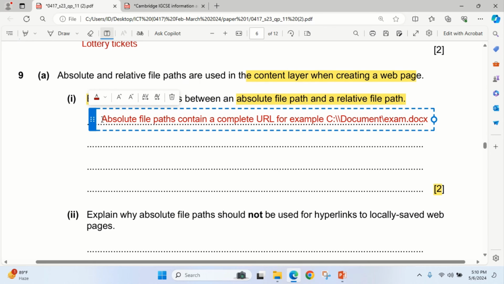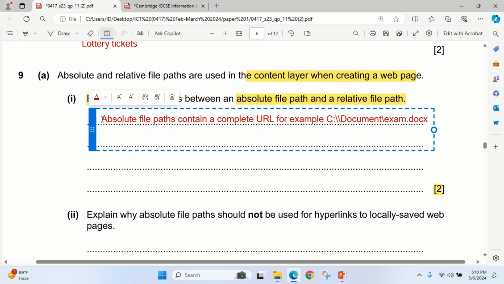It is relative to the current path, or starts from the same folder as the web page. That is very important when you are talking about that. Since this is talking about a web page, it's going to have all of this.